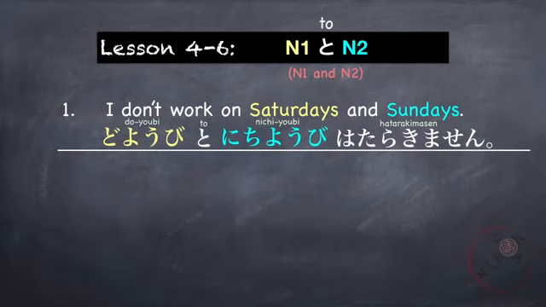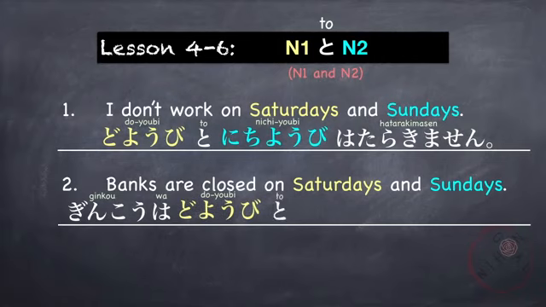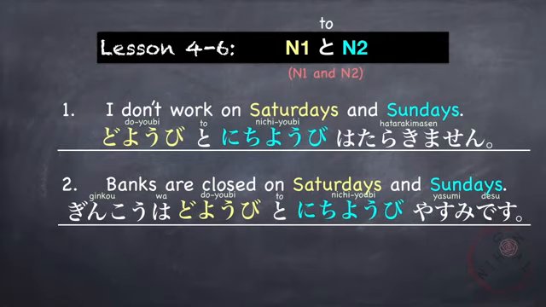Don't work is 働きません. Another example is banks are closed on Saturdays and Sundays. 銀行は土曜日と日曜日休みです. 休み is break or holidays.